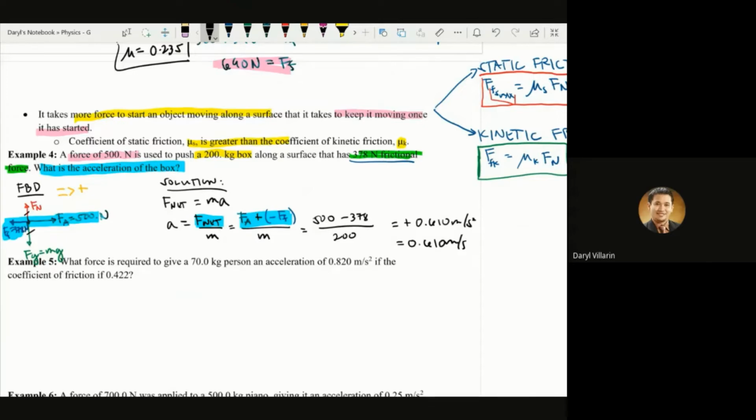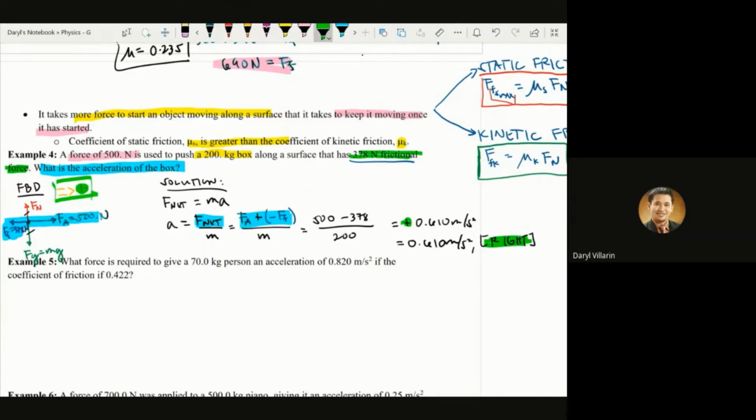It only means that this is moving to the right, because I set that positive is to the right. Therefore, the negative sign will indicate that the object will be moving in the opposite direction.